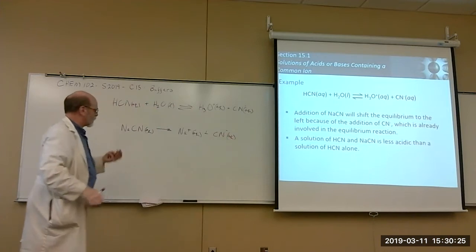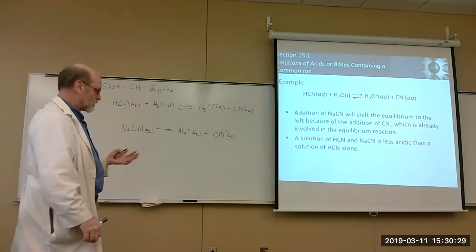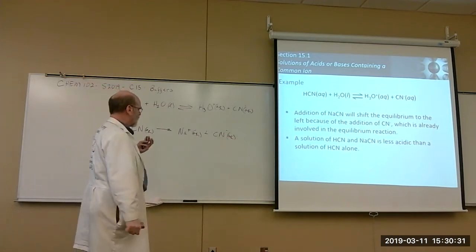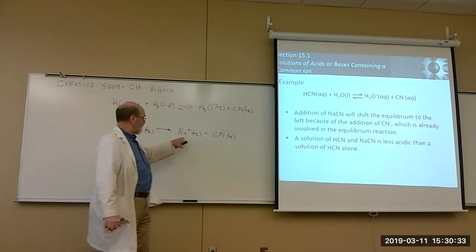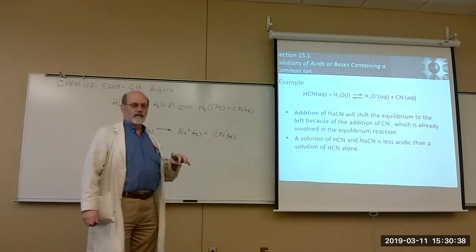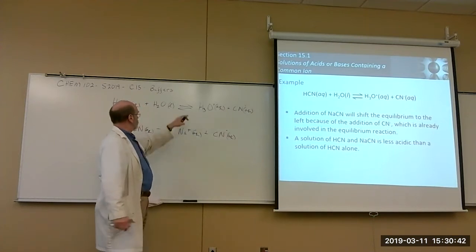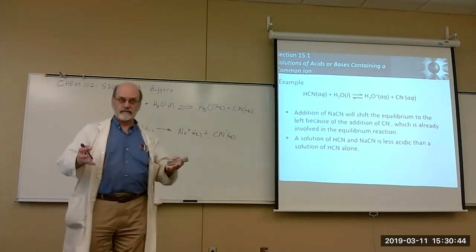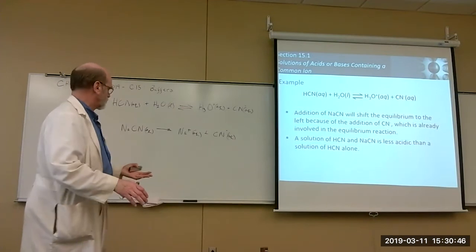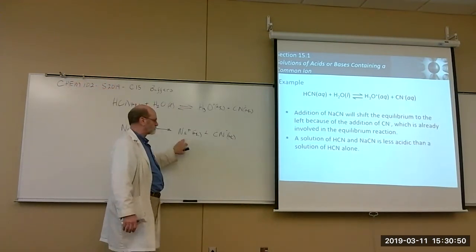So there we have added sodium cyanide to this equilibrium solution. And as a consequence, we've added both sodium ions and cyanide ions. Well, the question is, what effect does sodium ion have on this mixture, as written, the balanced equation? Absolutely nothing. It's a spectator.